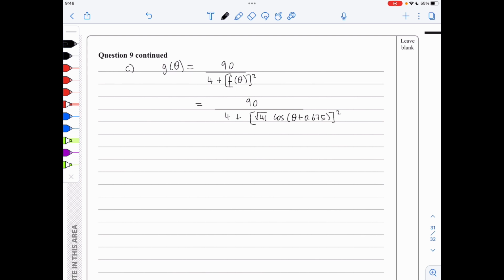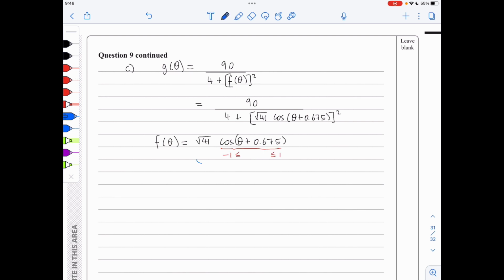Now we know that f of theta being root 41 cos(theta plus 0.675) has a maximum at root 41 and a minimum of negative root 41. This is simply because the cosine of any angle varies between -1 and 1.